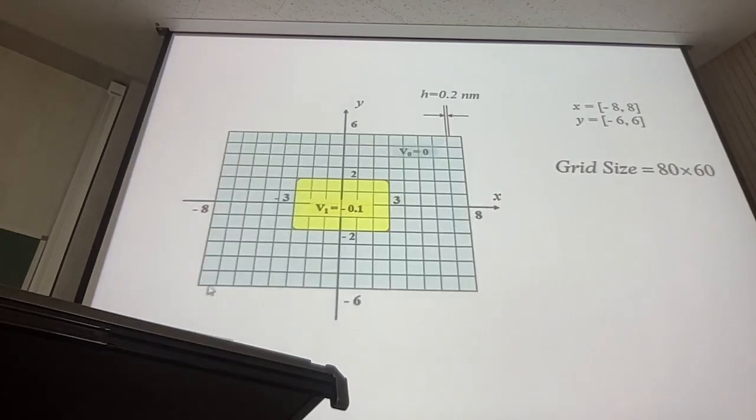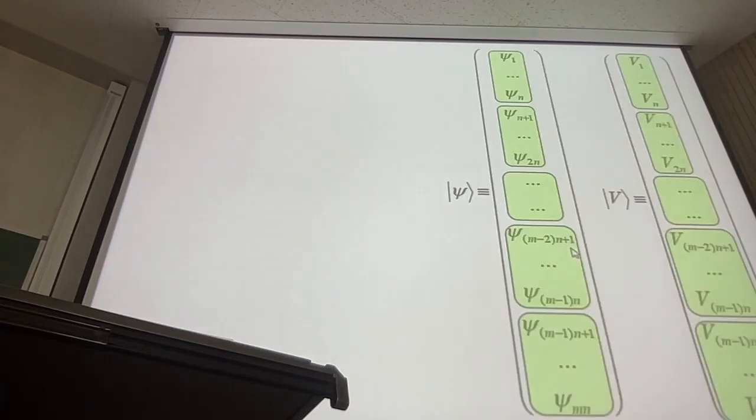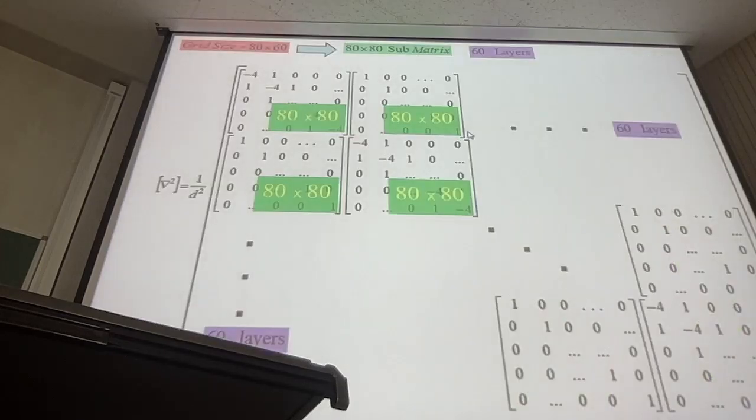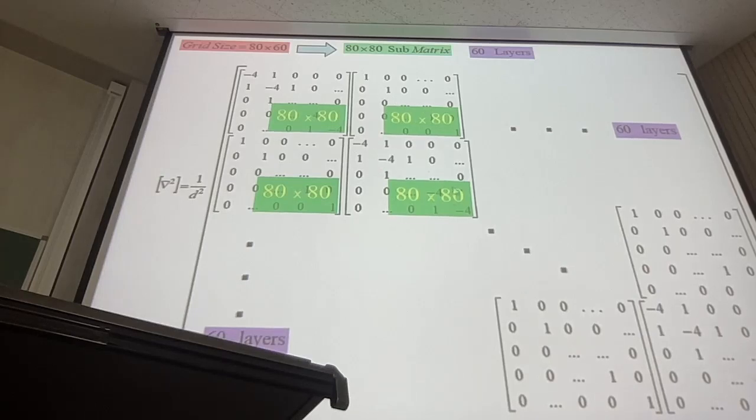V1 is the potential over here, and V80 is the potential over here. 81 is the potential over here, and 82, and this is 160, and 161, and so on, like this. So we have 80 by 80 data points for the del square operator. And we have diagonal components 1 and 1 and another 80 points.